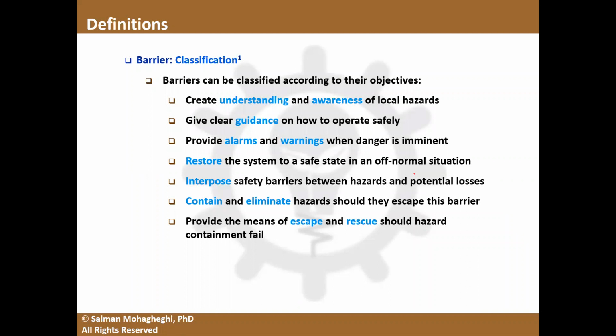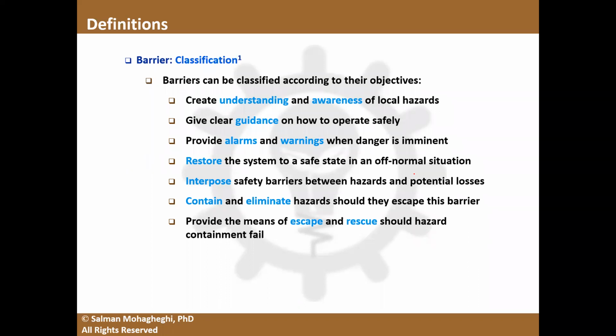A barrier could be a system that, if it identifies an off-normal situation, tries to bring the system back to normal mode. A barrier could be literally a safety barrier between the hazard and the potential losses, meaning that it tries to minimize the amount of losses that could happen if that hazard turns into a hazardous event.